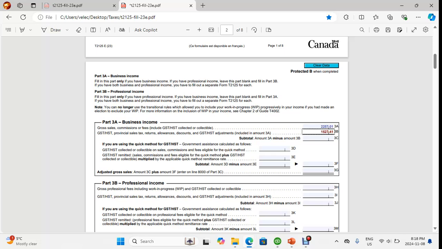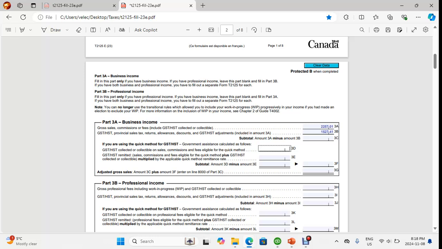$1,527.41. Now, if you're using the quick method for GST/HST, your government assistance is calculated as follows. Your GST/HST collected or collectible on sales using the quick method. If you do use the quick method, you may use the formula for your remittance, or your remittance calculator, to figure this one out.